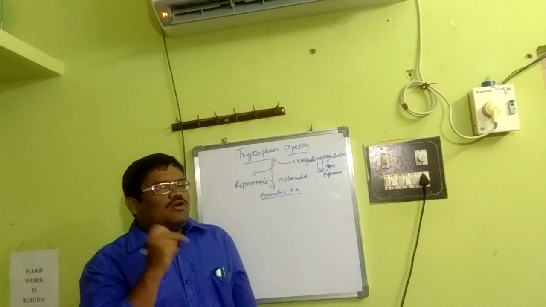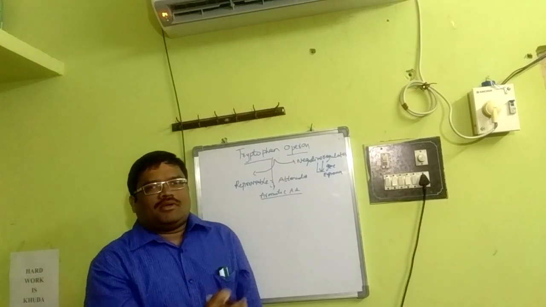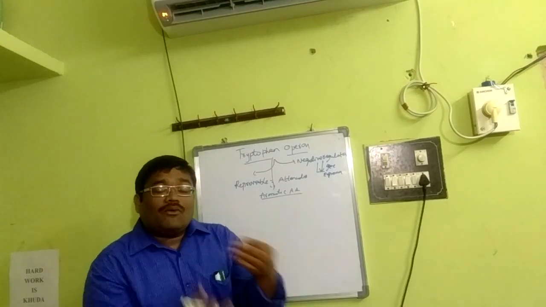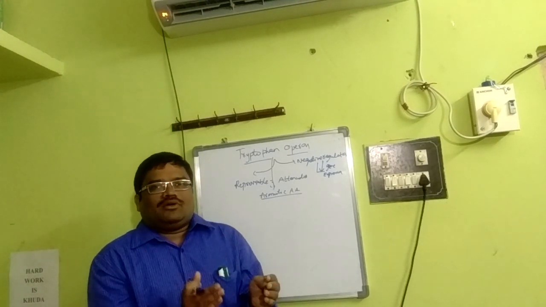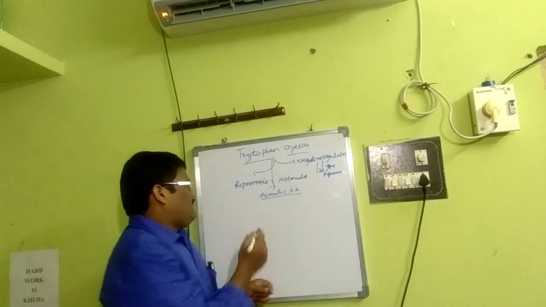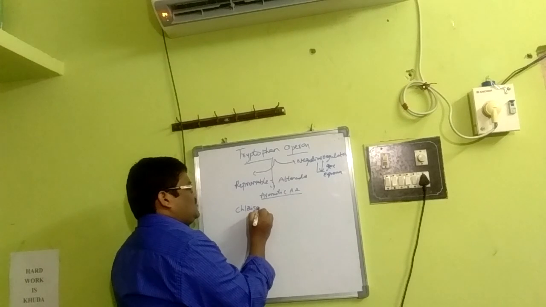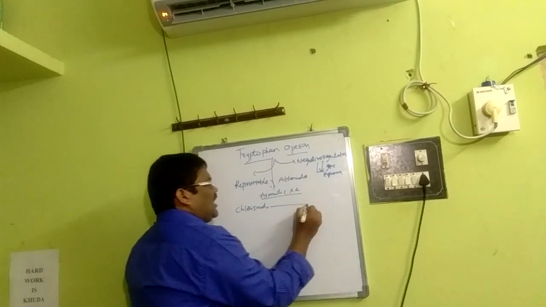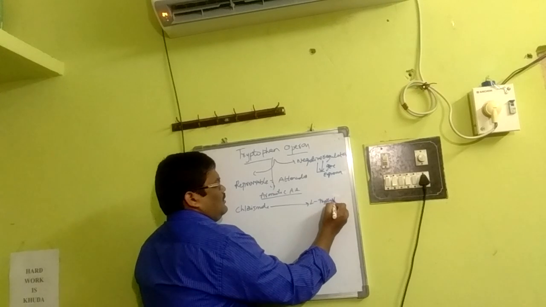So synthesis of this amino acid is the main objective of the tryptophan operon. How? Enzymes are required, because we cannot synthesize tryptophan directly. There is an intermediate pathway: chorismate is a substrate that will be converted into L-tryptophan.